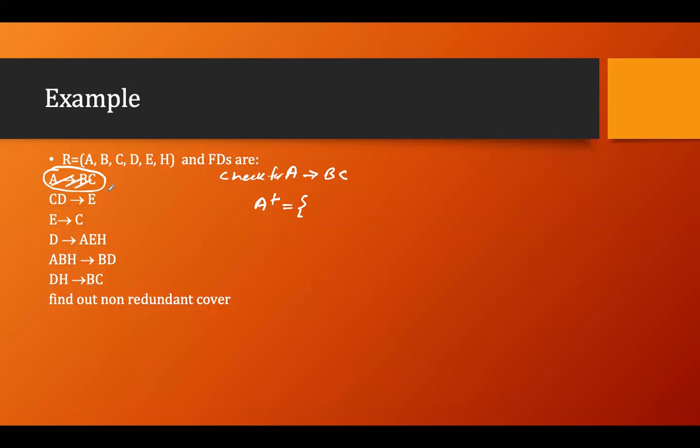We'll find out A closure with the rest of the functional dependencies. So what is A closure? A closure will be A, right? Now is A determining anything? No, A alone is not determining anything. So we cannot go further. A closure will be A only, and it is not equal to R. If it is not equal to R, it means that this is not a redundant functional dependency. It means this functional dependency should be there in the functional dependency set.